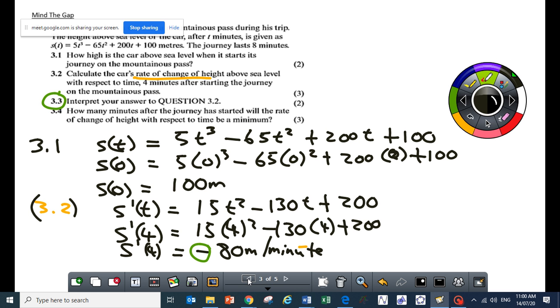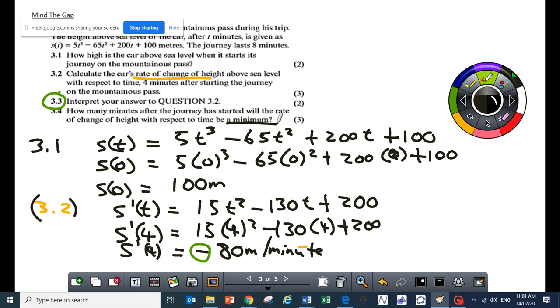We want the rate of change of height to be a minimum. Now, we discussed this type of question yesterday after Luandile had asked about the question from that 2016 November paper. The same concept that we used yesterday is the same concept that we're supposed to use here, because we are dealing with a minimum.